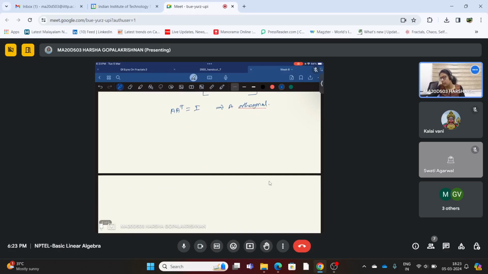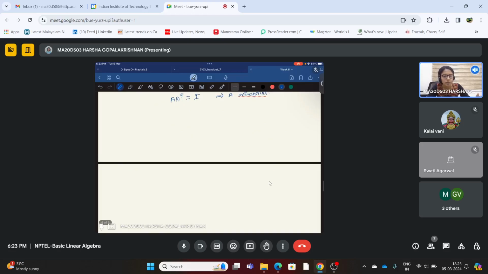Okay, now we will go to the main section of the last week. The main section is based on the characteristic polynomial, eigenvalues, and so on. First let me start with a very small example, just to find the characteristic polynomial of a matrix. Find the characteristic polynomial of the following matrices.